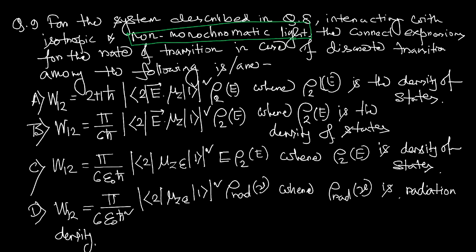So in a discrete transition, there will be no radiation density. Okay, so this is not correct, this is not correct, this is okay, then it's not needed. This is the correct option.